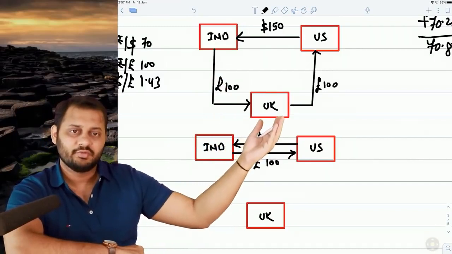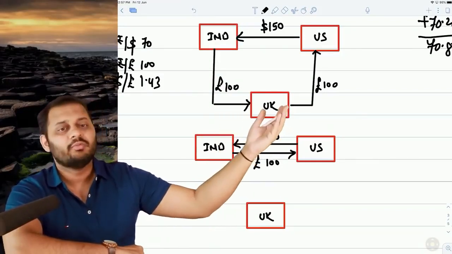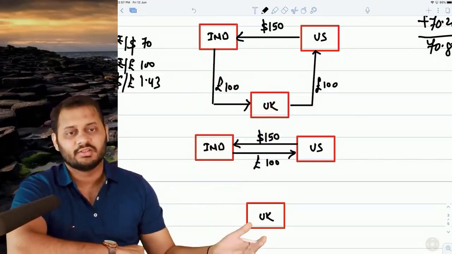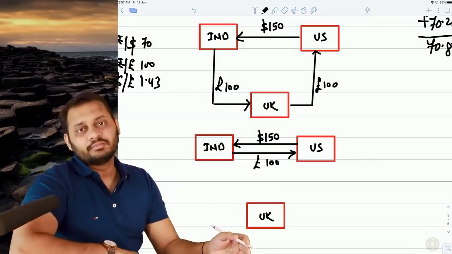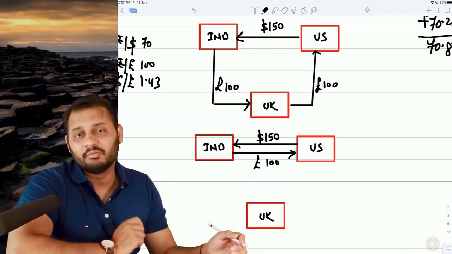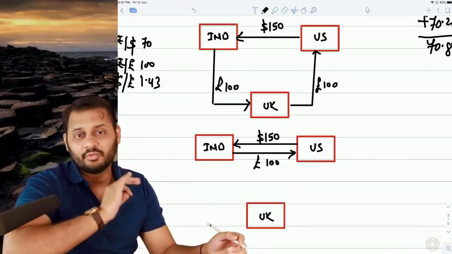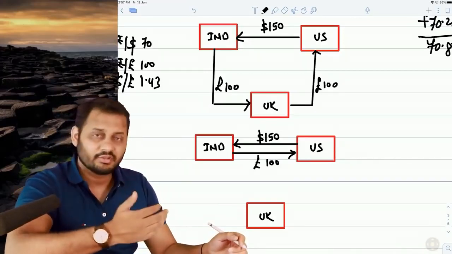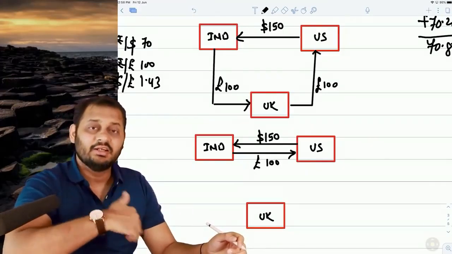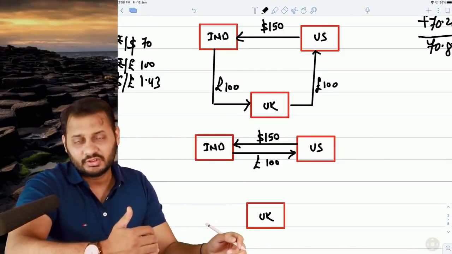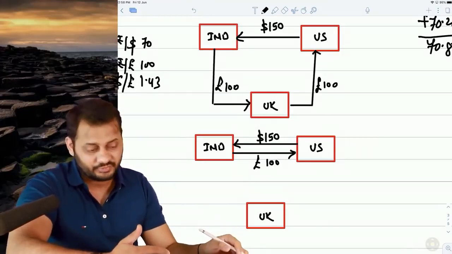And in the hands of UK, nothing is left. But in this entire process, we have reduced the number of transactions from 3 to 2. So less number of transactions, less transaction charge, less exchange margin to be given to the bank. So that's a good thing.